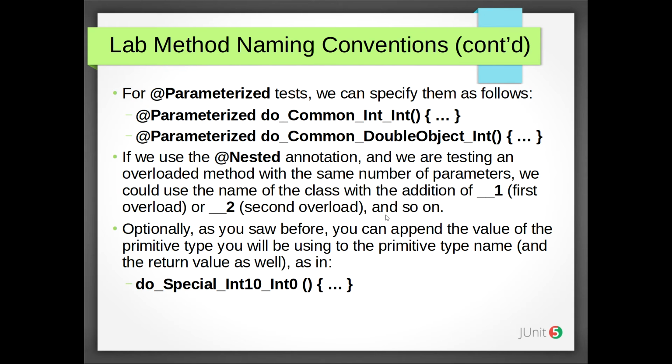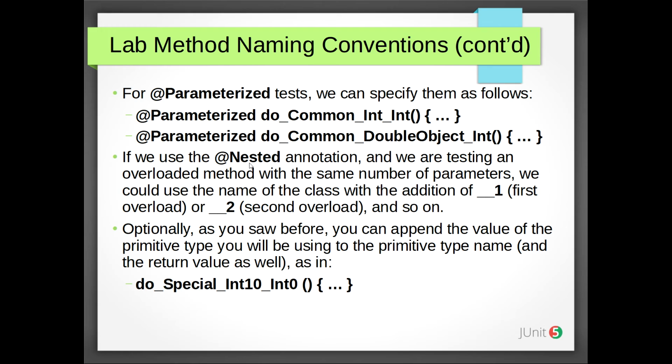For example, if we are doing @Nested inner class to test the method do, which takes an integer, we would just do @Nested class do, and to test its overloaded method, for example, do long, we would do @Nested class do__1 or __2, etc. So that's the rule of how we name @Nested classes, which we use to test overloaded methods within our code base.